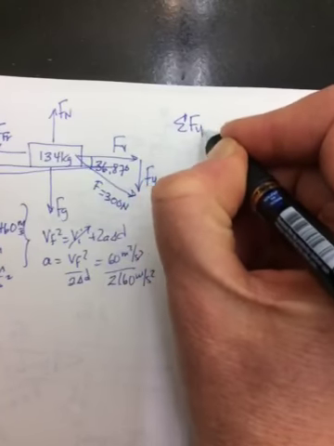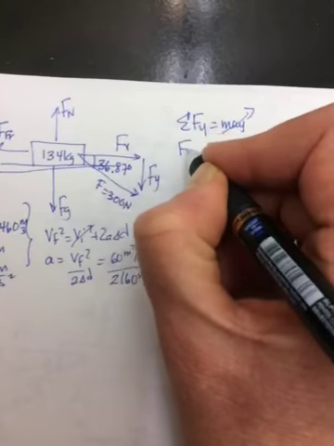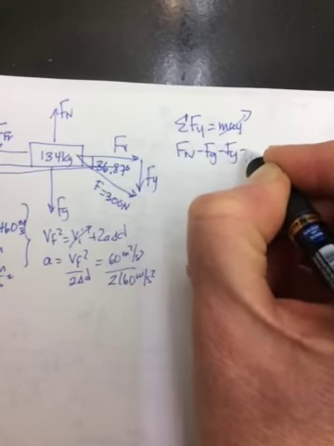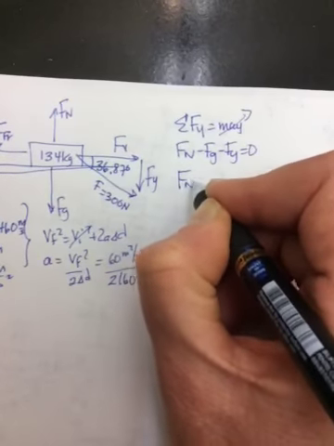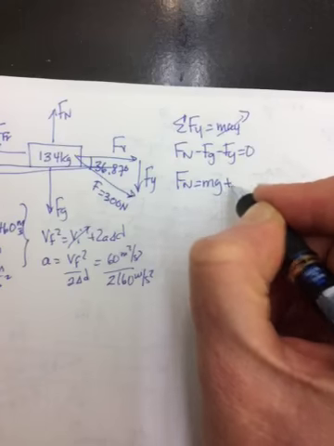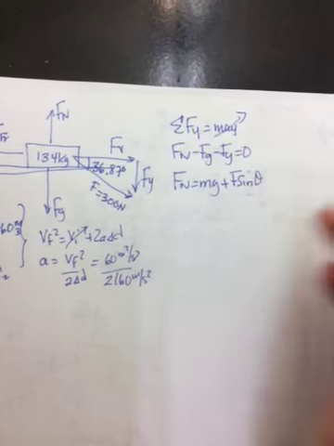Sum of the forces in the y direction, m a_y will be 0. So it'll be Fn going up, Fg going down, and Fy going down. So Fn will be equal to mg, take the Fy over, and it becomes positive F sine theta.